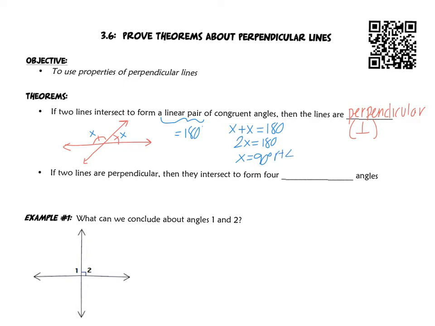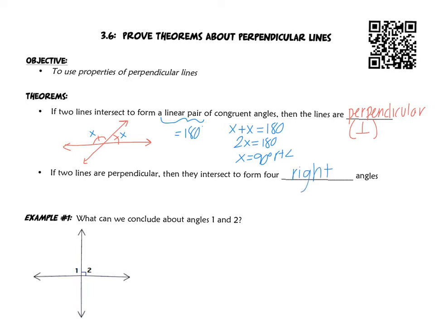According to my picture, it doesn't look like it, but it will always be true that if two lines intersect to form a linear pair of congruent angles, then they form right angles, making the lines perpendicular.